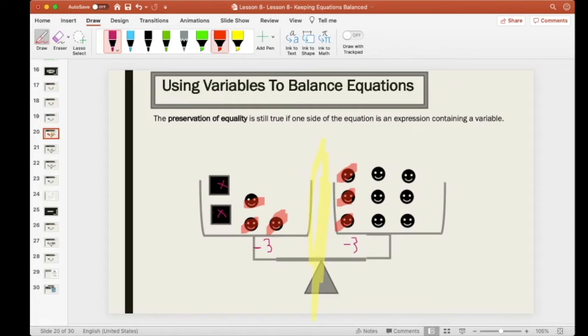So I'm going to break this up because I want the x's by themselves. I want to see how much this box actually weighs. I'm going to break these into 2 groups, and if I break these into 2 groups, I also have to break these into 2 groups. Now they're linked up, they're paired. This green one is paired with this one, and this one is paired with this one.